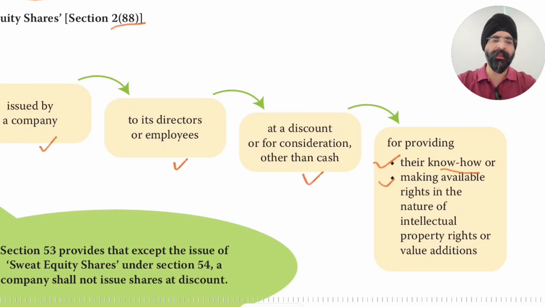Number two is making available rights in the nature of intellectual property rights or value additions. They have done some value addition. They have made available certain intellectual property rights against which these shares are allotted at discount or for consideration other than cash. So sweat equity shares are given by company to its directors or employees for providing know-how or intellectual property rights or any value addition.